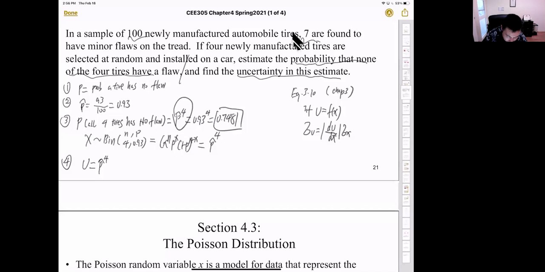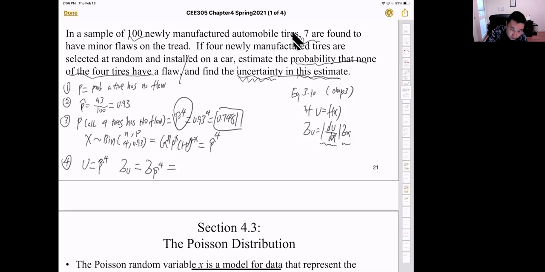So we try to find sigma U. This is what the question is asking. Uncertainty is sigma. So the uncertainty in this estimate is sigma U, which is sigma of P to the power of 4. So that is equal to dU/dx times sigma x.